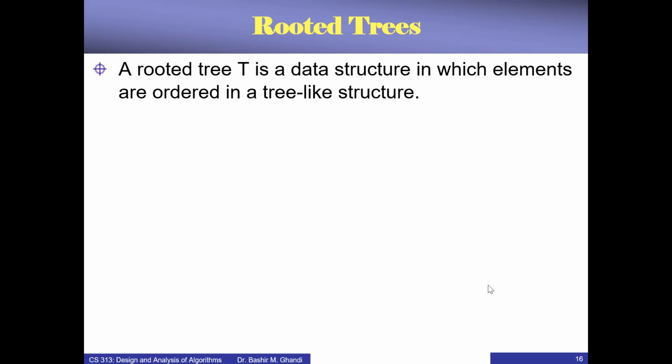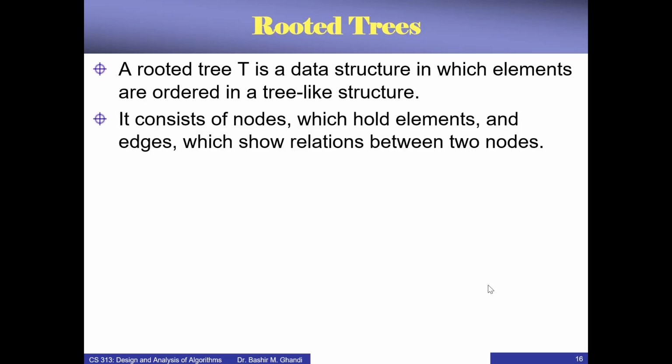The last data structure we will look at is rooted trees. A rooted tree T is a data structure in which elements are ordered in a tree-like structure. It consists of nodes which hold elements and edges which show relationship between the nodes or links between the nodes.